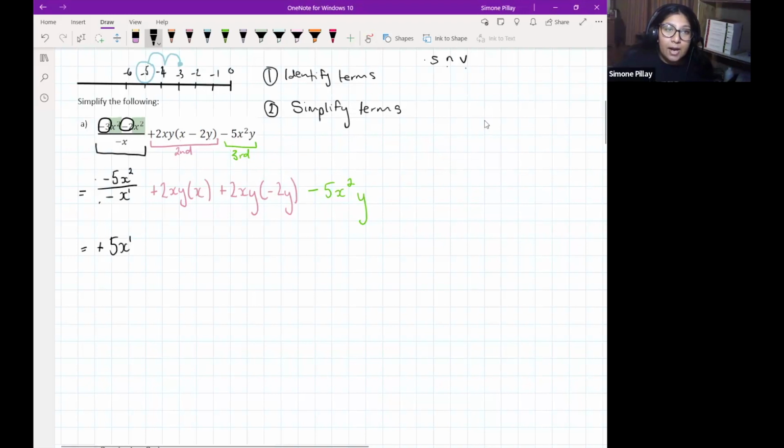And I did this number line over here. I started at negative 3, I subtracted 2, and then I got negative 5. And that left me with negative 5x squared in my numerator. Oh, okay. All right, I see. That makes sense? Yes. Okay, thank you. No problem.